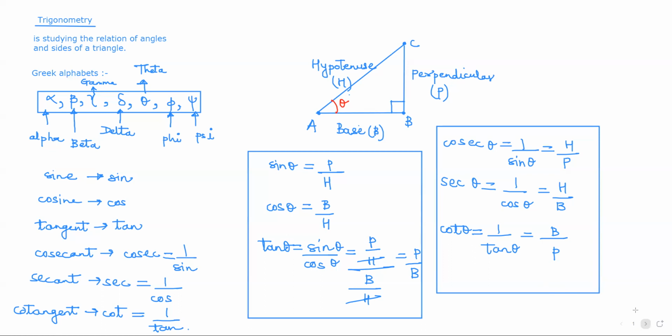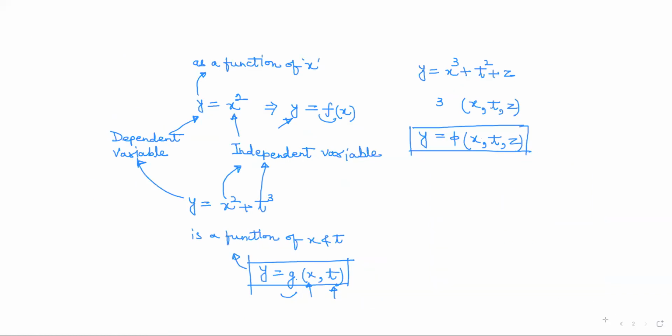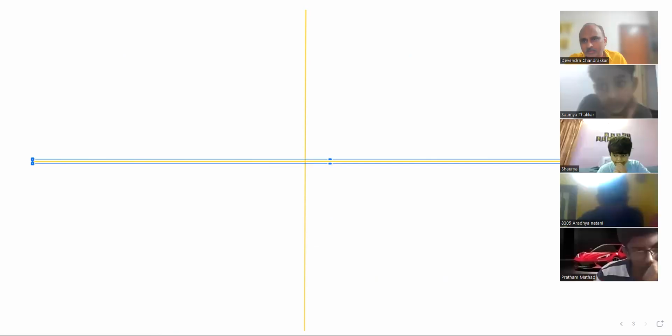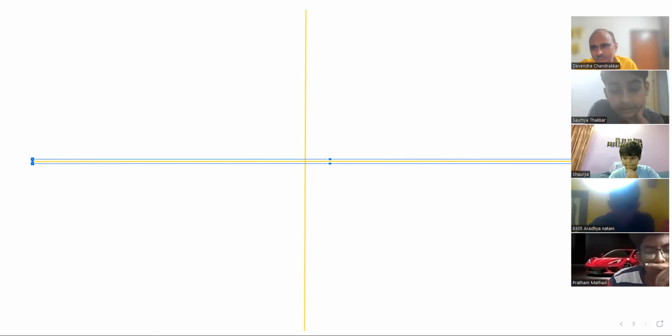Now I'm introducing you to the standard angles in each quadrant of trigonometry. Have you guys seen this X and Y axis? All of you 7 standard kids, do you know about X and Y axis? Yes. Okay, good.